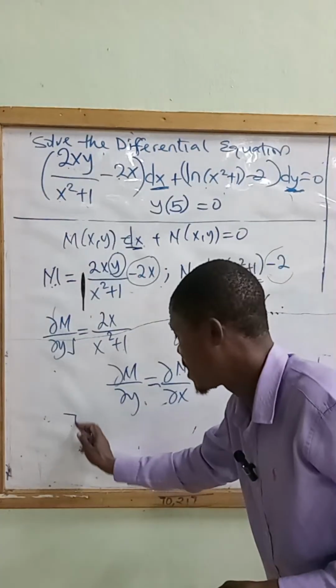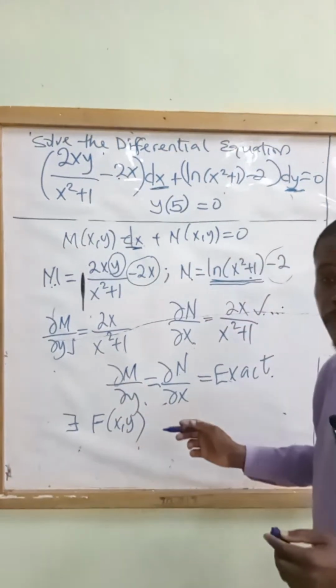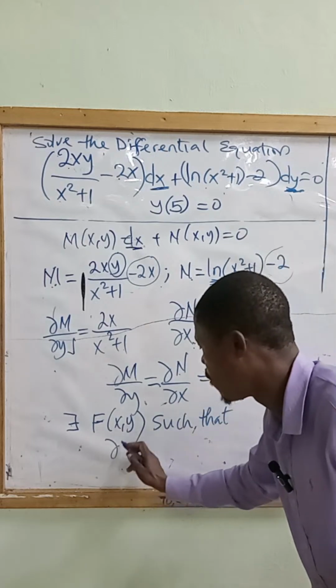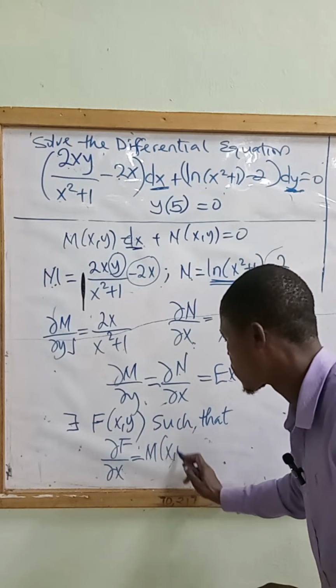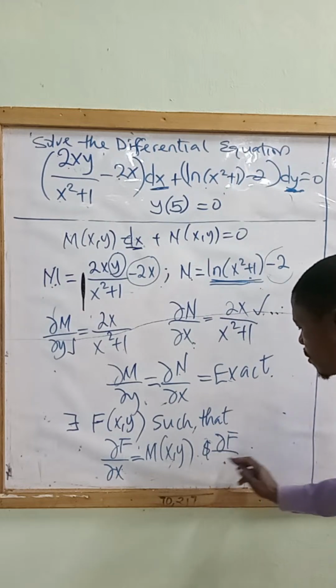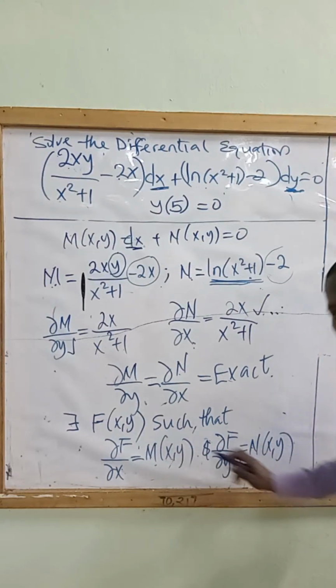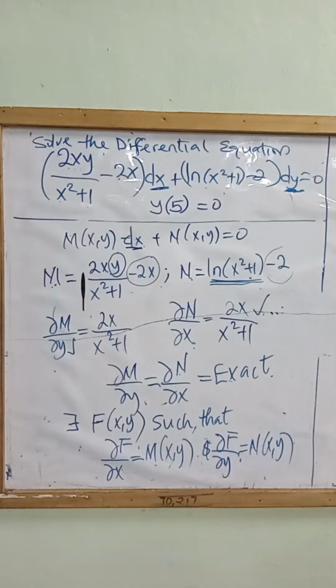It connotes that there is a function f as a function of x and y, such that partial differential of f with respect to x is equal to M, and at the same time, partial differential of f with respect to y is equal to N. So you can use any of these two to get the general solution.